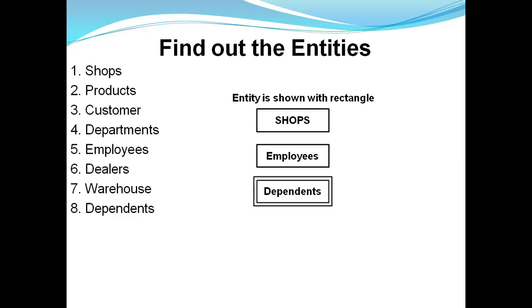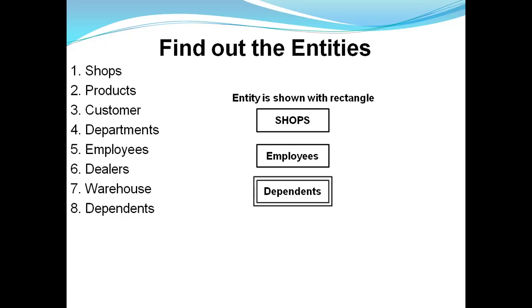How to determine whether the entity is strong or weak? So simply, any entity which is independent is considered a strong entity, and any entity which depends on another entity is considered a weak entity.